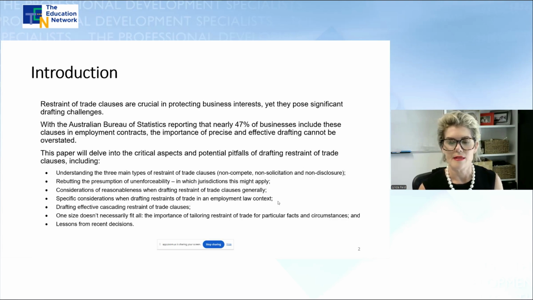We're going to consider some of the things that are really important in tailoring a restraint of trade clause for particular facts and circumstances, because the whole concept of whether or not a restraint is reasonable is going to depend on why it's there in the first place and being able to explain the justification for it. And then having a look at some recent decisions and some lessons that we can learn from those.